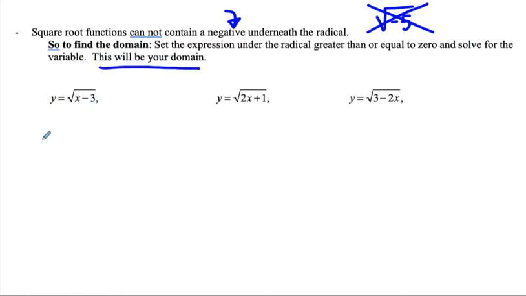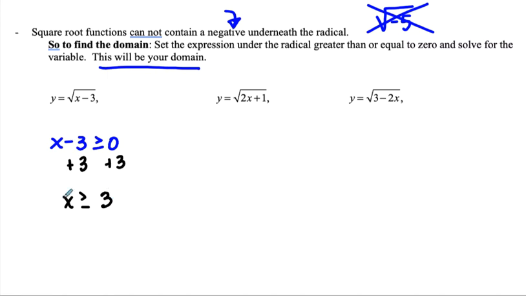Here's what I mean. If I set this greater than or equal to 0, when I solve for x, these are the values that will make it a positive number, which is what I want. I'm going to add 3 to both sides, treating it just like an equation. So I know that x has to be greater than or equal to 3 in order for this function to work.